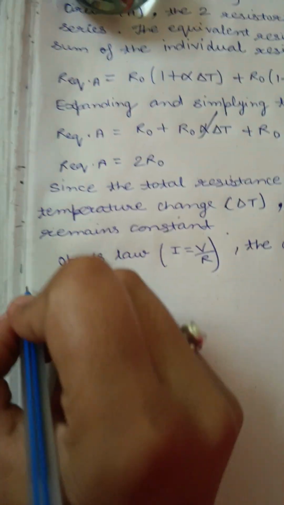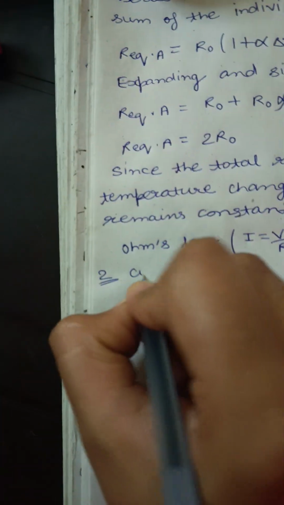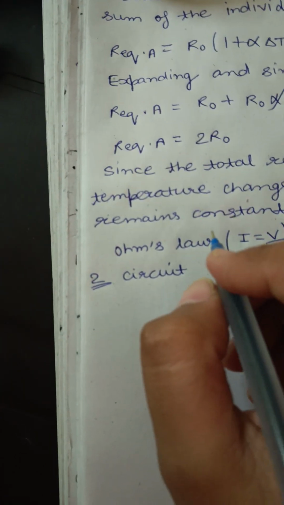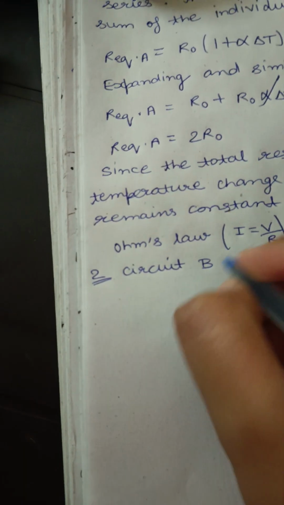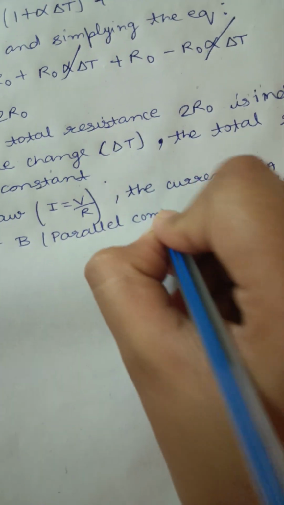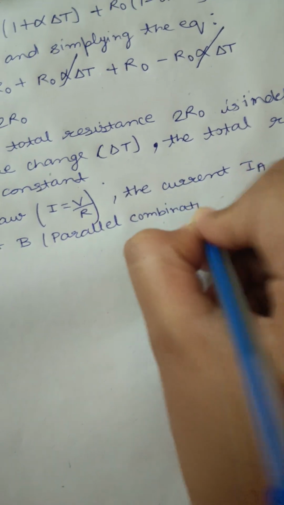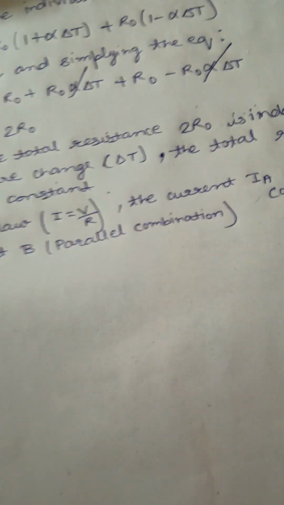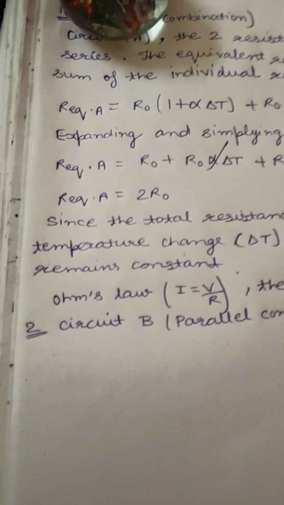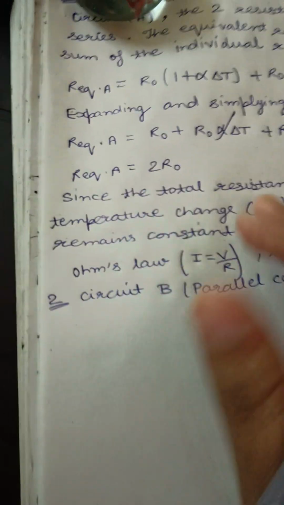Now analyzing circuit B, which is a parallel combination. In circuit B, two resistors are connected in parallel.